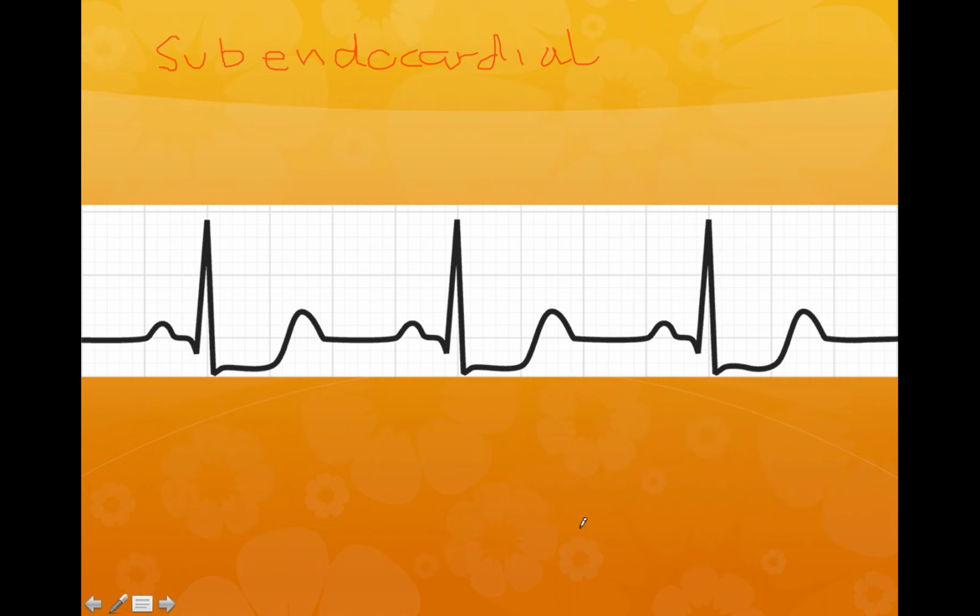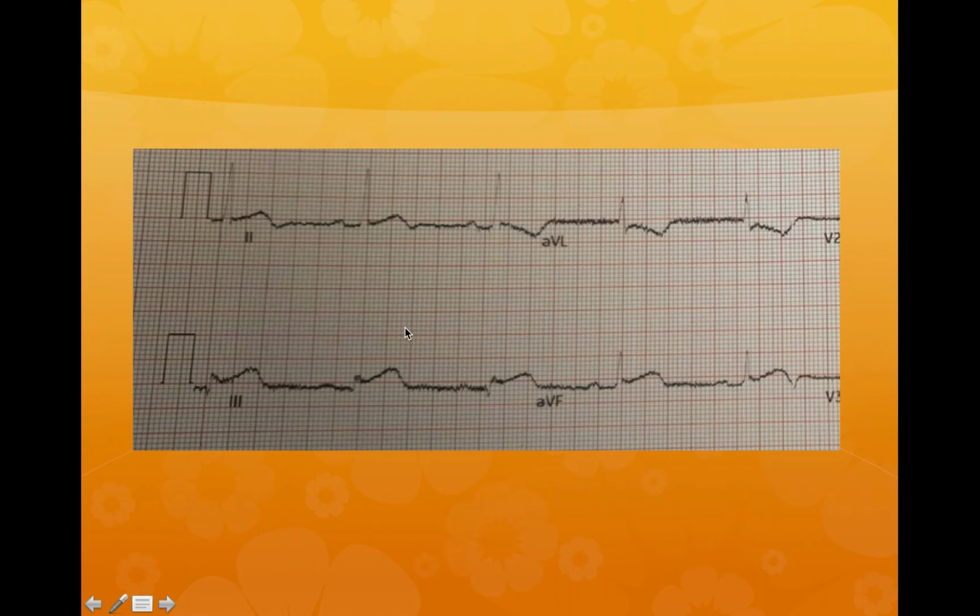So it goes from the outer epicardium to the inner subendocardium, and that's when we have subendocardial ischemia, and that's why we see this ST depression. We're going to go through this, like I said, in a different video. But so yeah, there's some example of subendocardial ischemia.